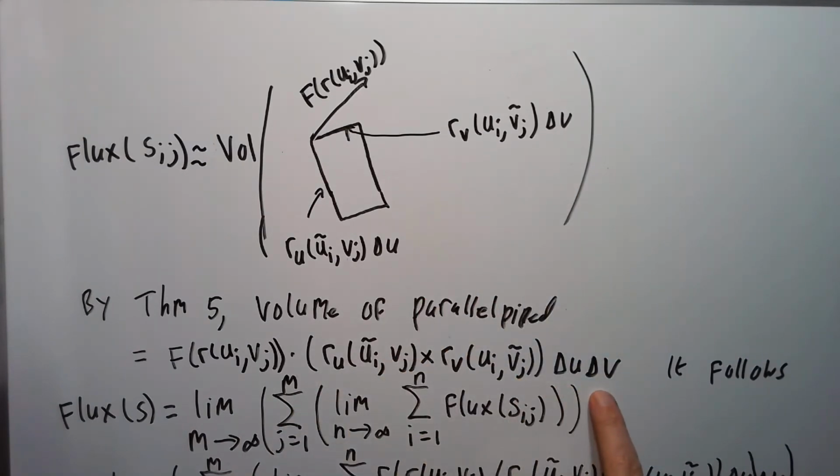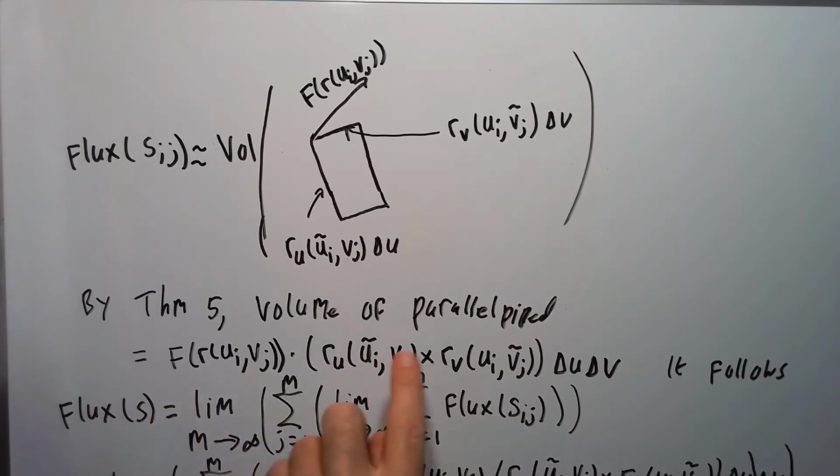It follows that the flux across the whole surface S will be adding up all the fluxes of all the little patches. The flux of each little patch we can approximate using this, but in the limit they'll be equal. So we have a double sum.